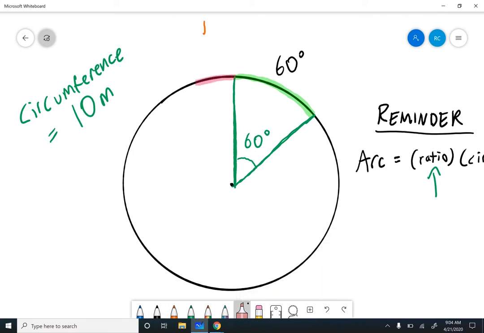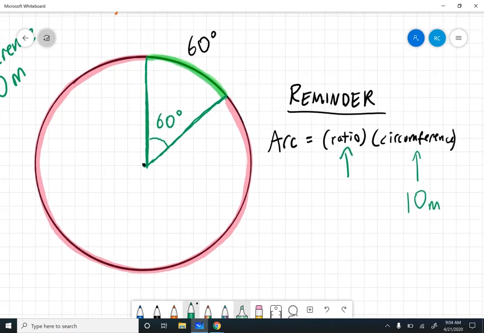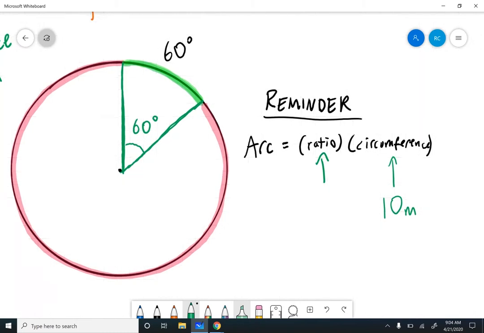If the whole circle has 360 degrees in it, and our arc has 60 degrees in it, what fraction of the circle are we looking at? Well, when you're coming up with these fractions, these ratios, you take the amount that you have, 60 degrees, and you divide it by the total amount of whatever it is, in this case, 360 degrees.